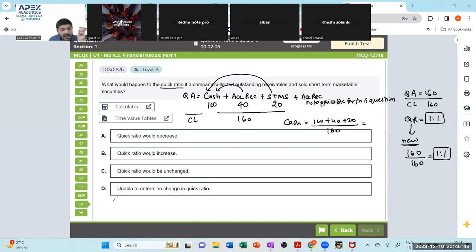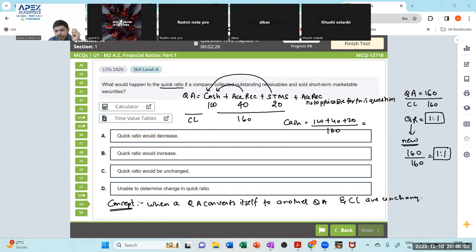No. The important concept to be discussed over here is when a quick asset converts itself to another quick asset and current liabilities are unchanged. Is this the scenario that you are facing in this question? One quick asset has become another quick asset and current liabilities are unchanged.